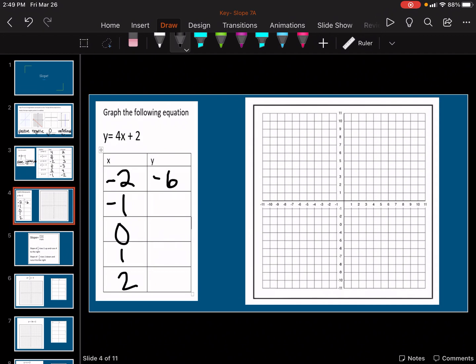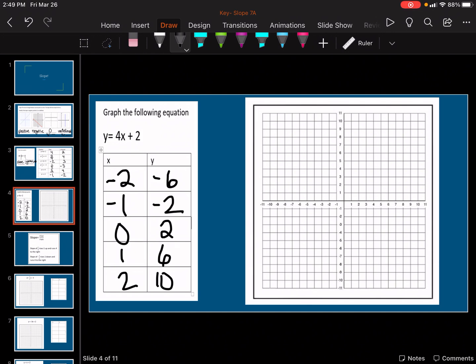Then plug in -1 times 4 is -4, plus 2 is -2. Plug in 0. 0 times 4 is 0, plus 2. Plug in 1. 1 times 4 is 4, plus 2 is 6. Then 2 times 4 would be 8, plus 2 would be 10.